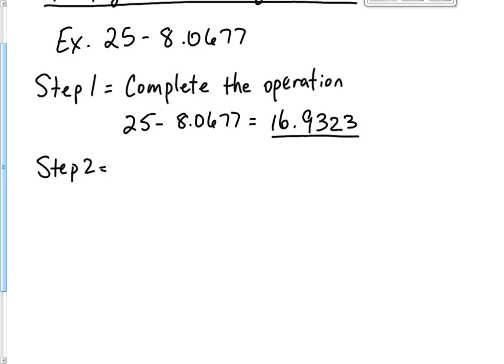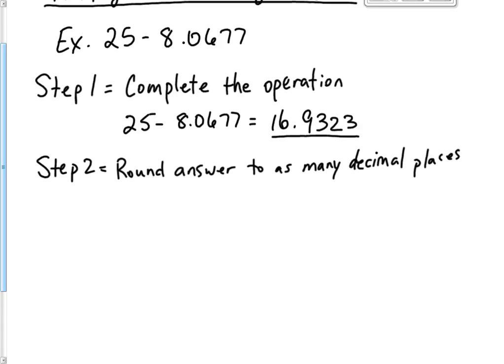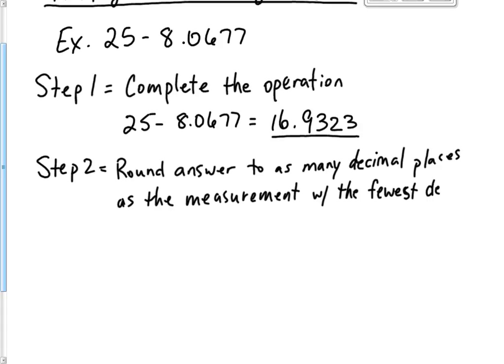Okay. Step number 2 is you're going to round your answer to as many decimal places as the measurement with the fewest decimal places.